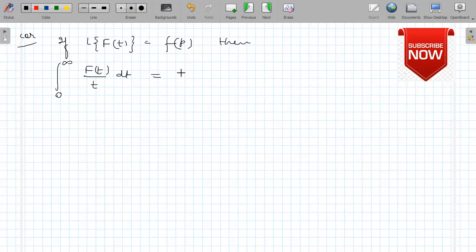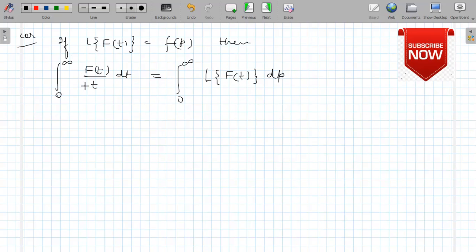Its value is equal to the integration from 0 to infinity of F(p) dp.